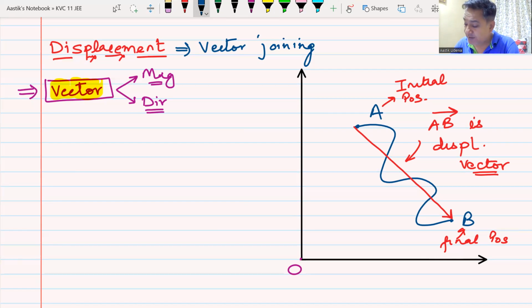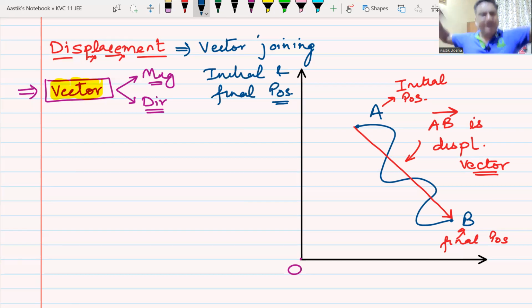The vector joining initial and final positions. Well done, my dear friends. See, now the essence comes out. Now it stands out. Okay, I am displacement. I am a vector. And I am joining the initial and the final position. That's it, my dear friends. That's my job. That's my definition. Please do not say I am shortest distance.